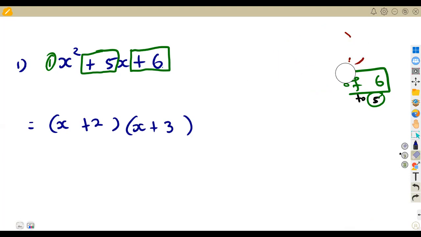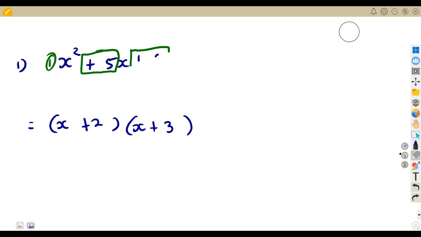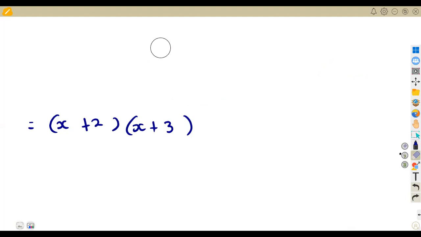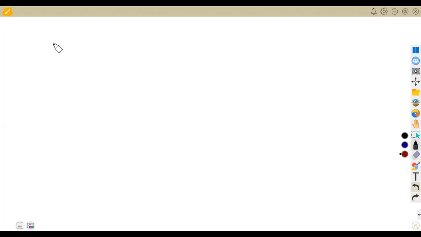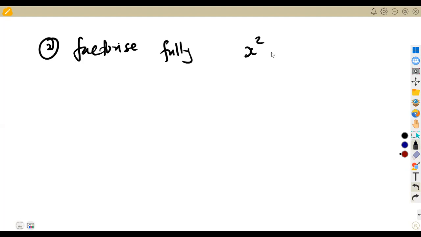All right, let us consider the same type of equation, but with a negative, so that we try by all means to play around with the signs that you might be given. Let's say again we are asked to factorize completely, in this case, x squared minus 5x plus 6.